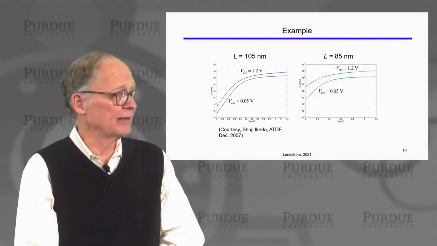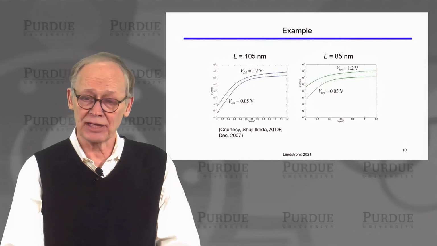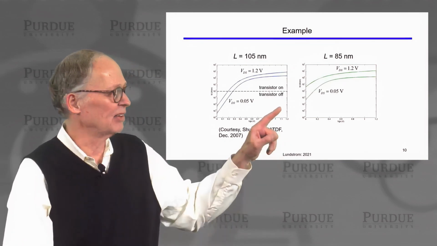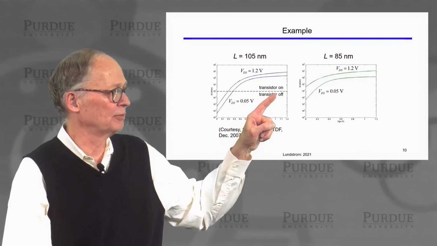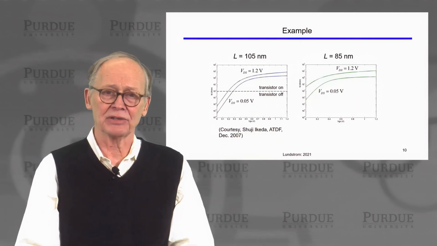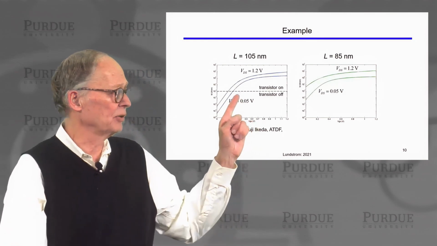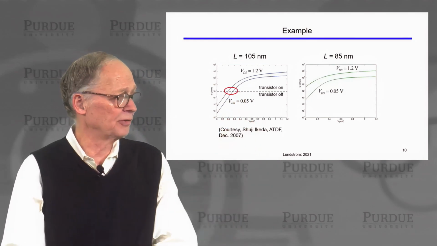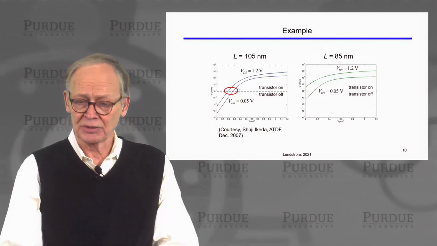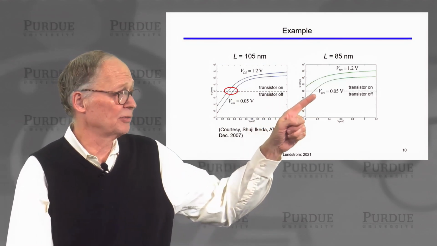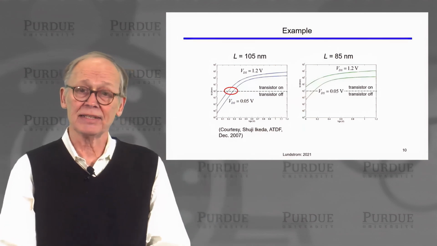If we look at the 85 nanometer, the shorter channel length in this technology, and if we define a particular current, and we say above that the transistor is on, and below that the transistor is off, then if you compare the threshold voltage for the 105 nanometer device with the threshold voltage for the shorter channel device, you'll see that the threshold voltage is lower. The VT has lowered.